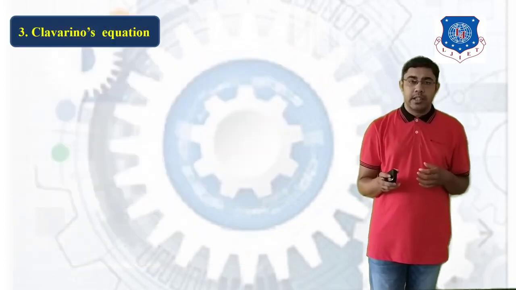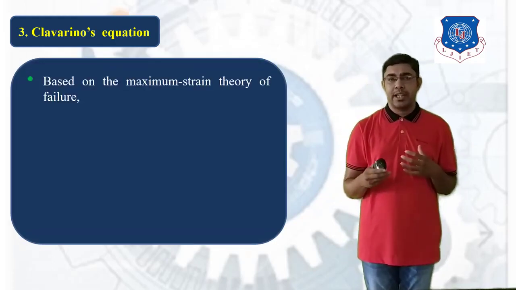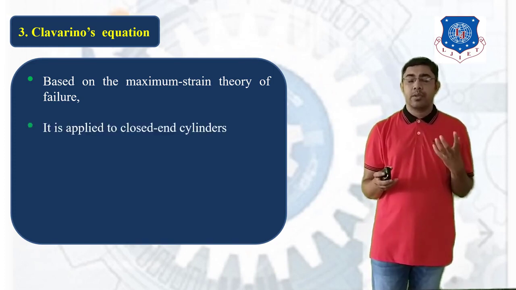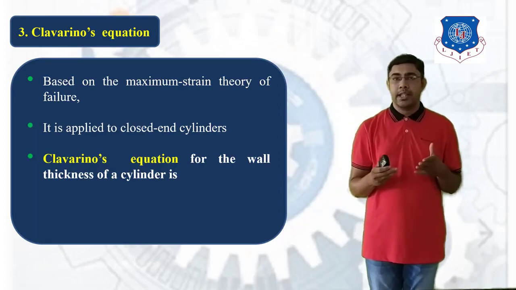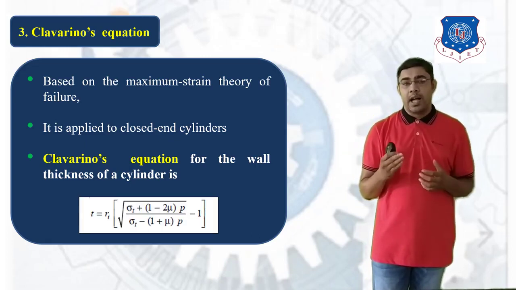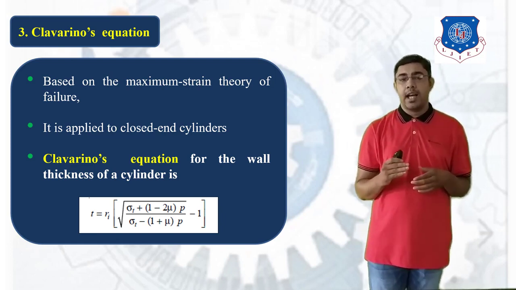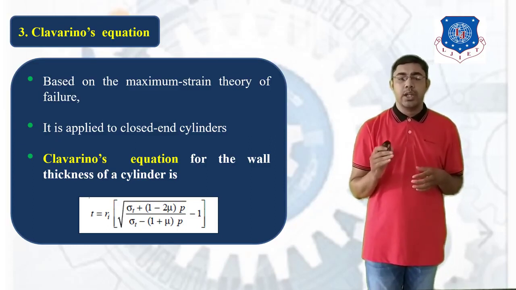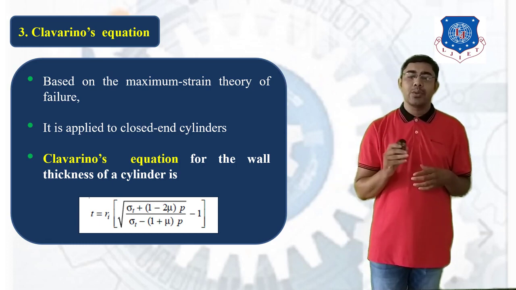Now third is Clavarino's equation. Clavarino's equation is also based on the maximum strain theory of failure, and this equation is applied for closed end cylinders. According to Clavarino's equation, the wall thickness of the cylinder is given by t is equal to Ri into under root of (sigma T plus (1 minus 2 nu) into P) divided by (sigma T minus (1 plus nu) into P) minus 1.